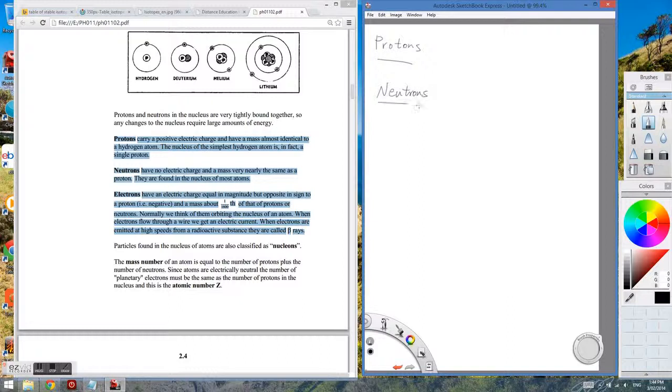What are electrons? The important information here is just remember: protons are positively charged. Remember, write this in your notebook. Neutrons have no charge, and electrons are negatively charged.